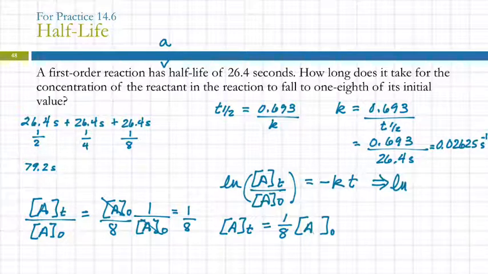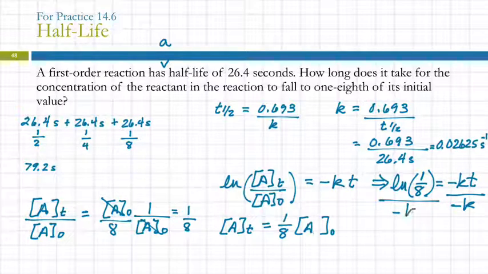So the natural log of 1/8 is equal to negative kt. So if I want t, the time for this to happen, I want to divide by negative k, because with the negative sign, I don't want that with the time.